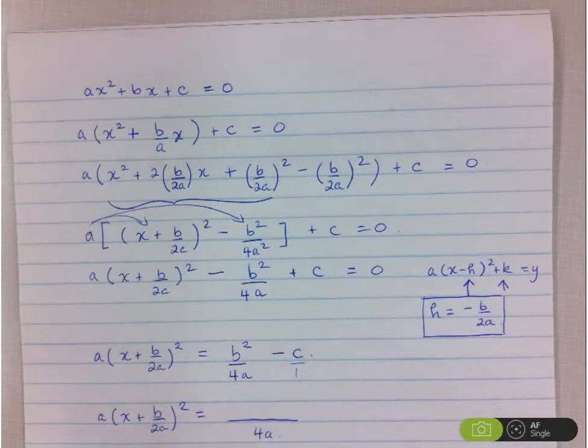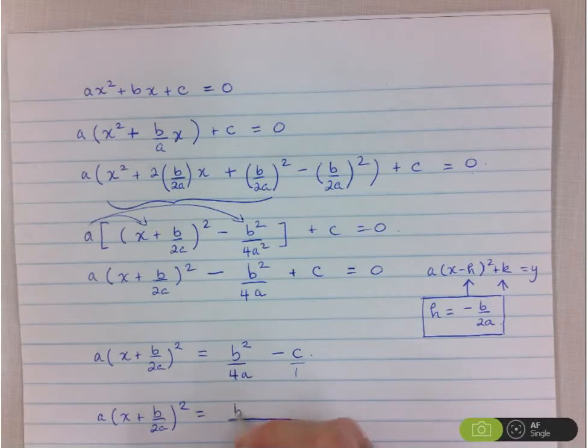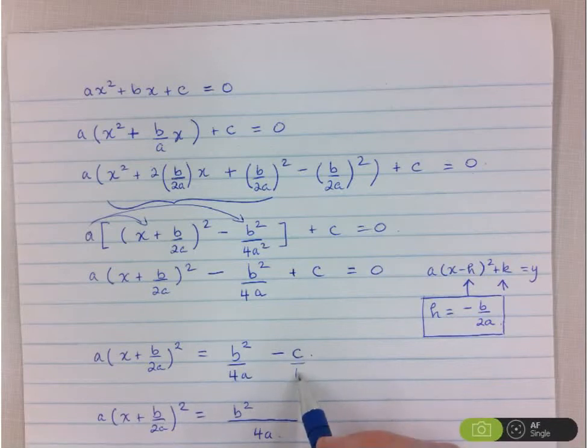In this first fraction here, it already has 4a in the denominator, so we won't have to do anything to the numerator. So it just remains b squared. The second fraction has only a 1 in the denominator, so we'd have to multiply this by 4a to get the same denominator, but if we multiply the denominator by 4a, we're also going to have to multiply the numerator by 4a, so we have minus 4ac.